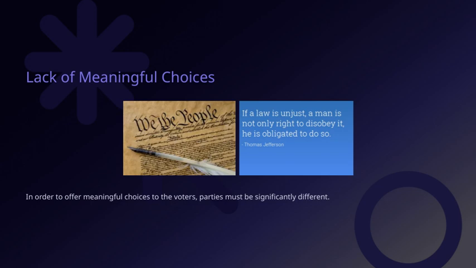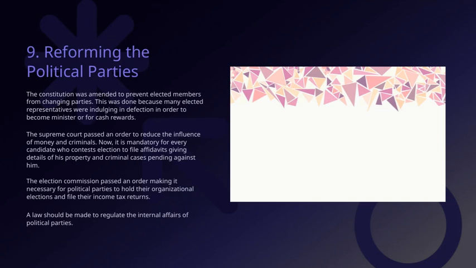For democracy to work effectively, voters need to see clear differences between parties, different policies, different visions, so they can pick the one that best aligns with their values. This idea ties into the overall theme that healthy democracies depend on diverse, distinct options, giving voters real power to shape their government.